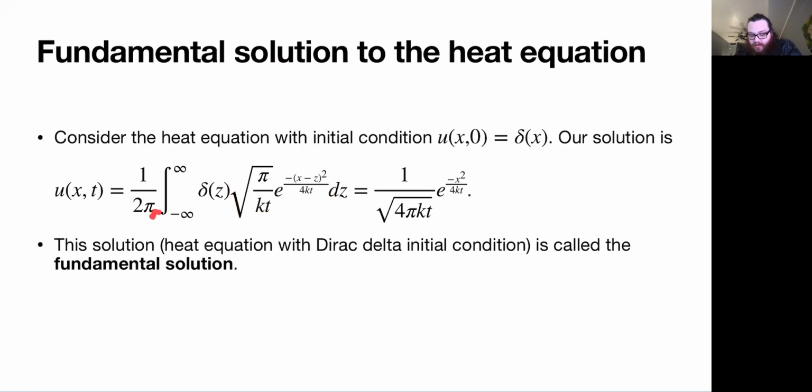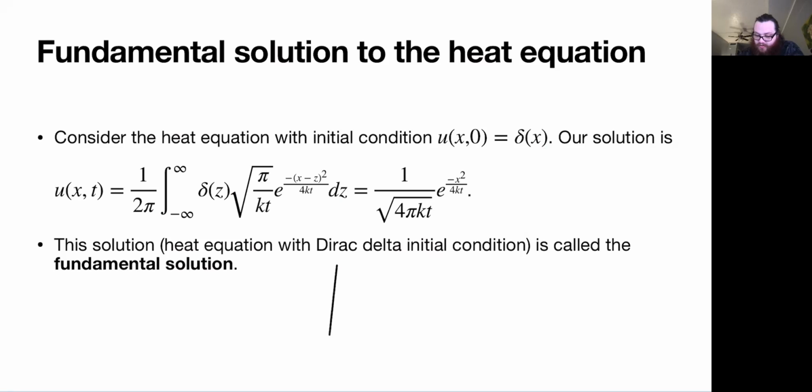So this whole thing becomes this function evaluated at z equals 0, which is just e to the minus x squared over 4kt, which looks like a standard Gaussian that we're more familiar with.